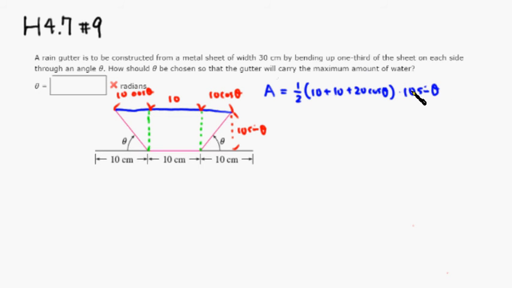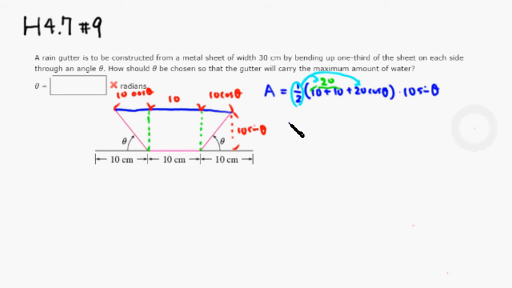Right, so if you simplify that, this is going to be just 20 here. Then we can just distribute this 1/2 to each one.